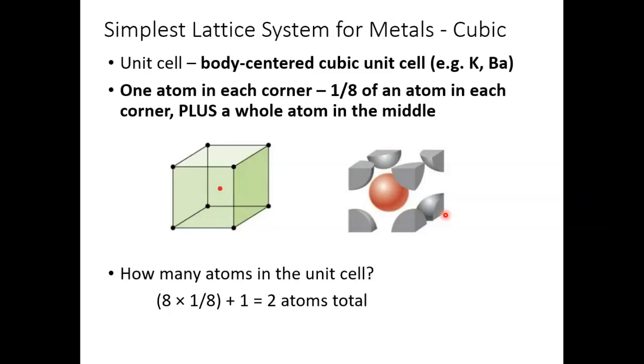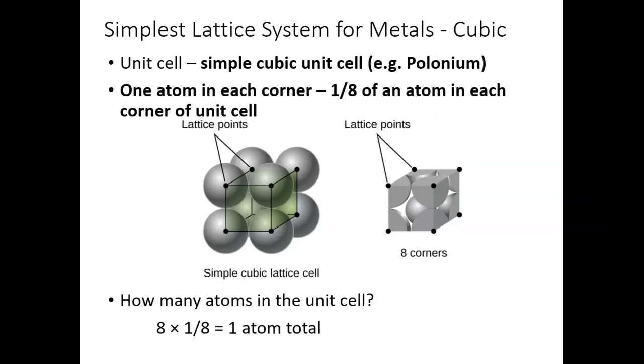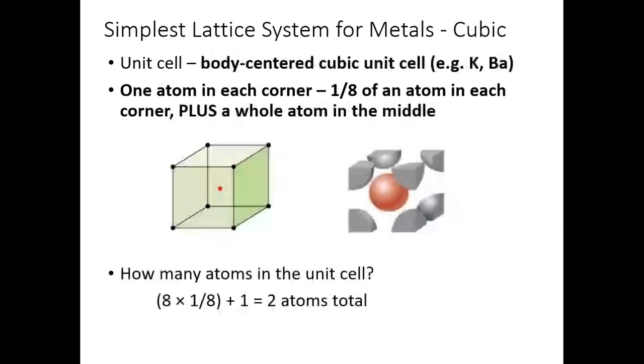They like to be packed together more tightly than elements that do just the simple. And sometimes that's a size restriction. Smaller atoms are more likely to be able to do this type of cell as opposed to big fat atoms that can only get in the 8 corners and that's it.